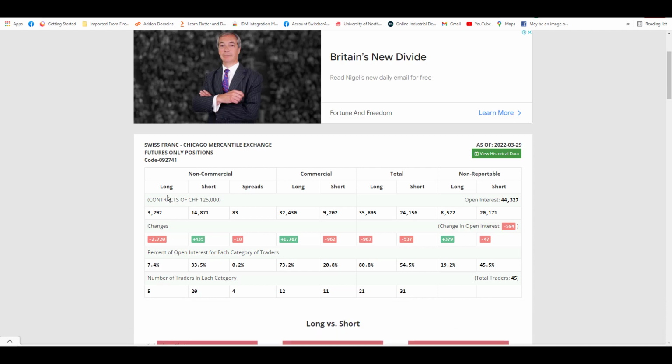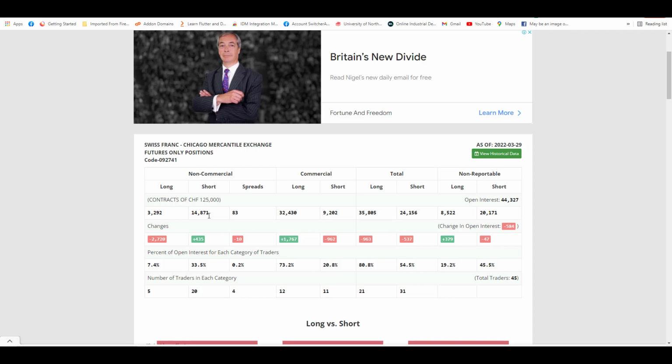The longs taken on, whenever you hear longs, of course, you guys know it's a buy, the buy positions, right? So the longs taken on CHF, the Swiss franc, is just 3,290 compared with the shorts, which is 14,871. There are more shorts than longs here by a large margin.